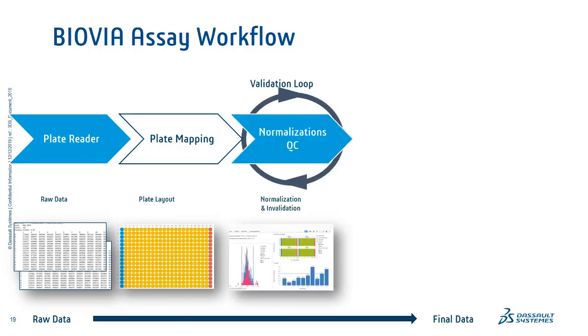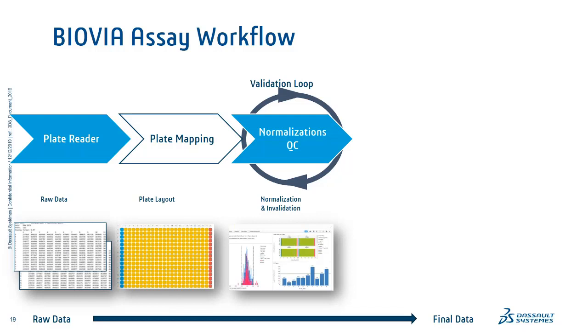When the plate is mapped, even before running into any further analysis, there is a necessary step of normalization of the data and to be able to perform QC, to be able eventually to invalidate wells or plates, depending on what happened during the run, to be able then to iterate on those invalidations, perform validation again, check that everything is right, so to be able to move to the next one.